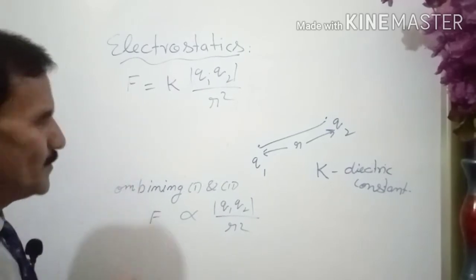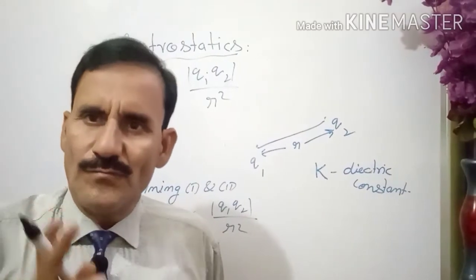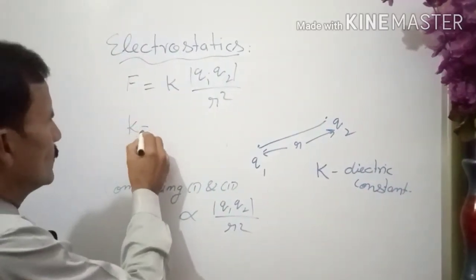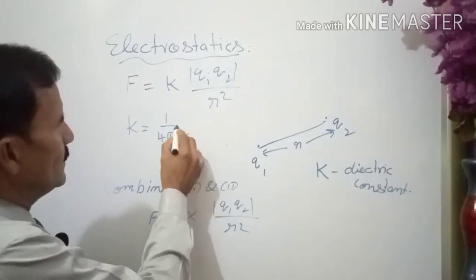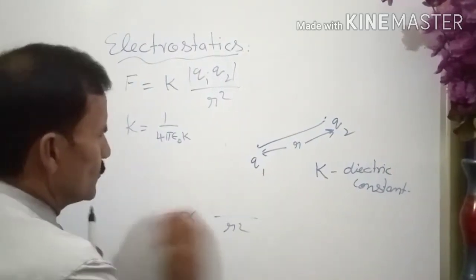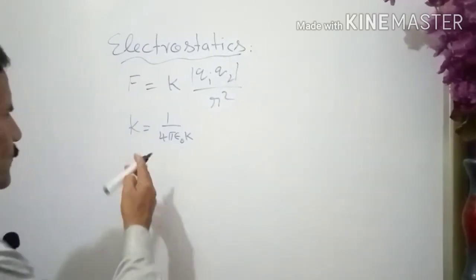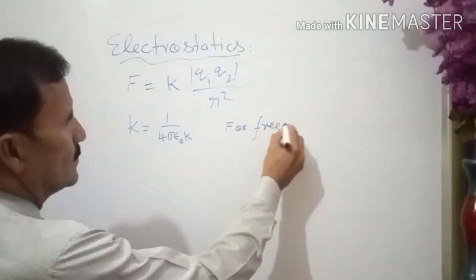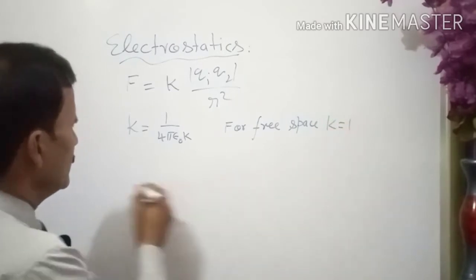By experiments, Coulomb was able to find the value of this constant k. It is equal to 1 upon 4 pi epsilon naught K. He gave the value for free space, where K is equal to 1.